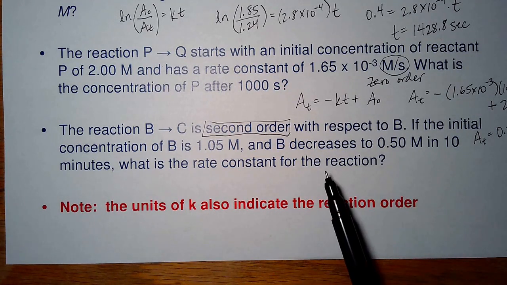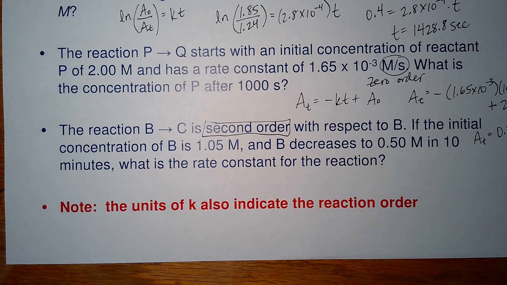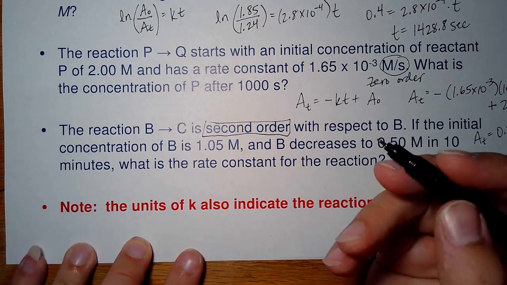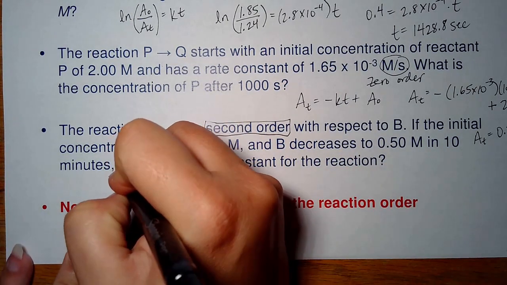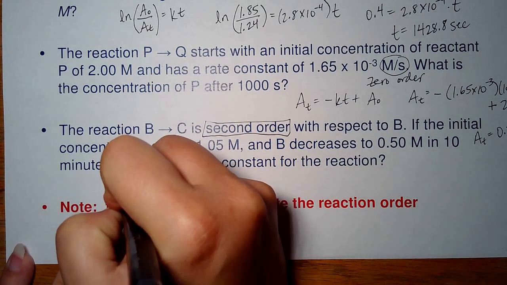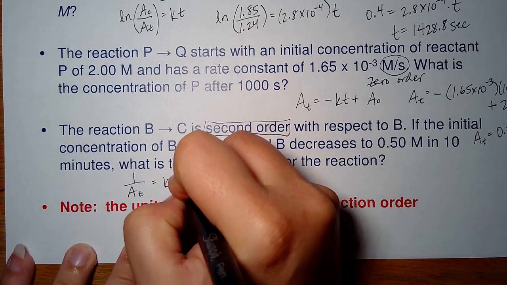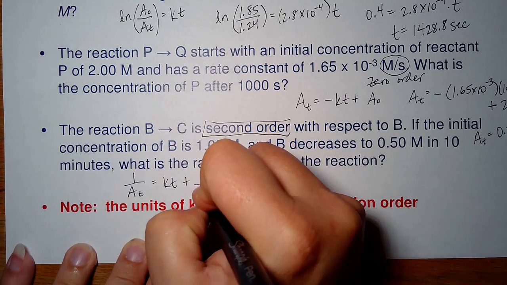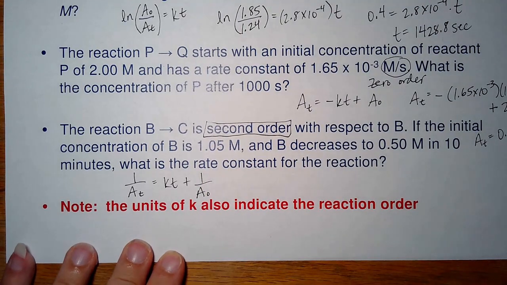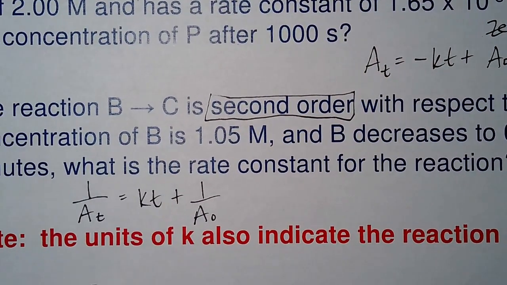So this time we're solving for K. But we have second order, so let's use the right equation. So 1 over AT is equal to positive KT plus 1 over A naught. Alright, so this one's second order. We're solving for K this time, so let's fill in what we know.